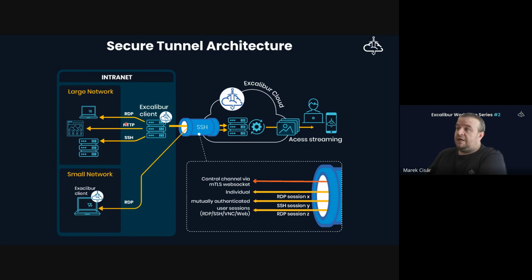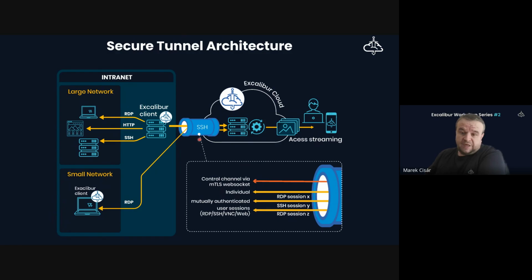So basically, as I already mentioned, the tunneling client is usually deployed within the local network, and it is then actively connecting to the Excalibur cloud, where the application servers are running.